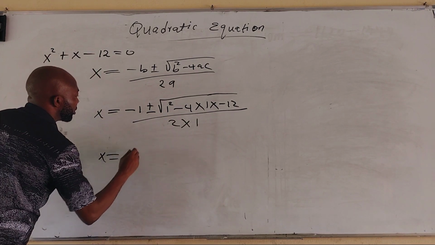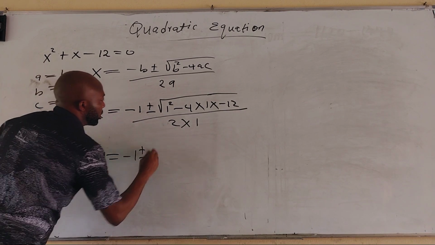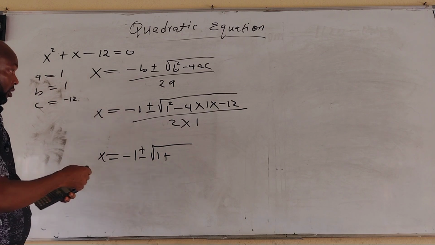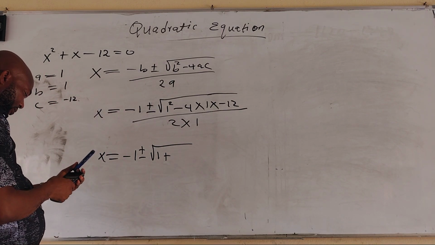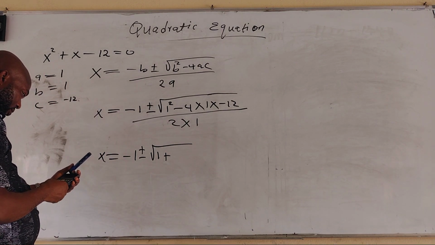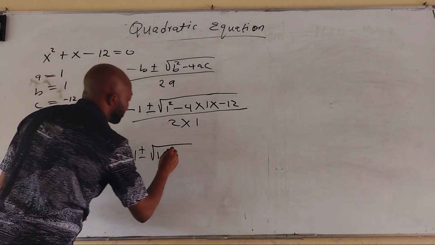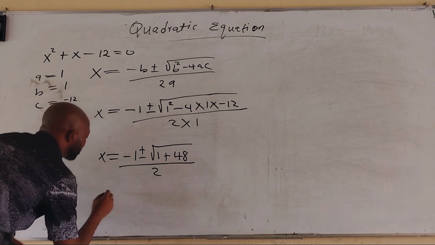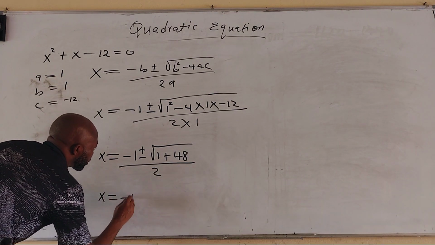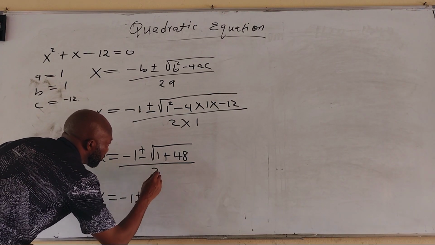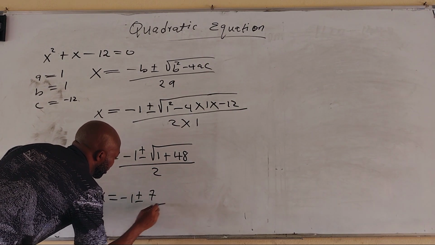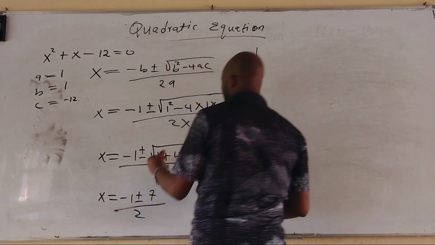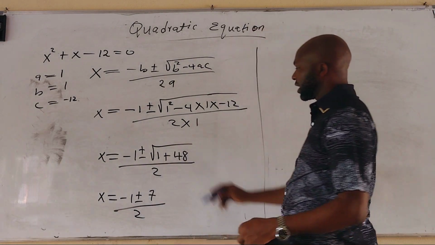X is equal to minus 1 plus or minus the root of 1 plus 4 times 12, which is 48, over 2. So my X is equal to minus 1 plus or minus the root of 49 over 2. That's 1 plus 48 is 49. The root of 49 is 7.